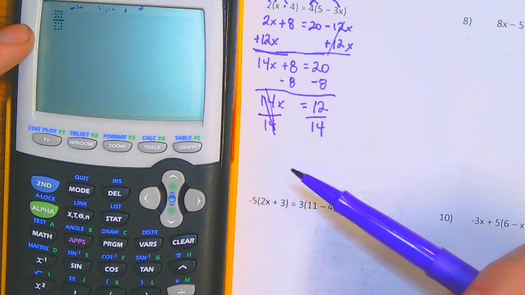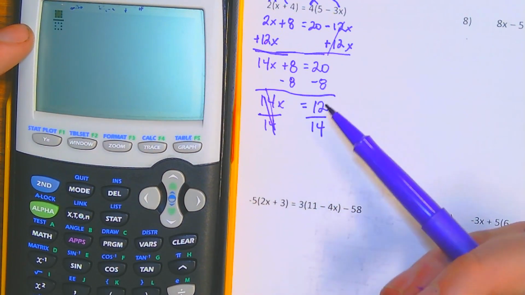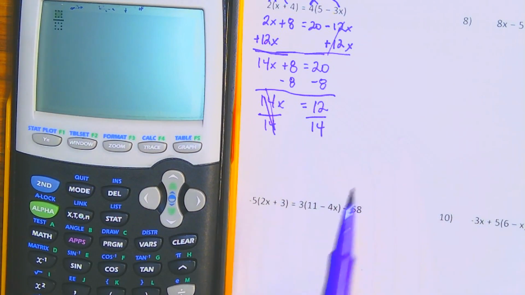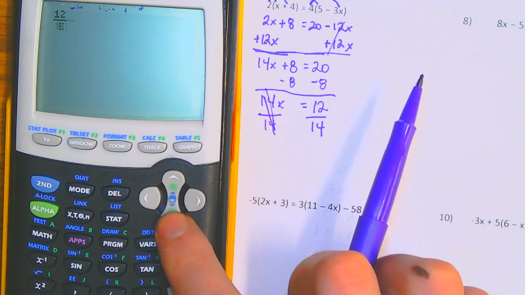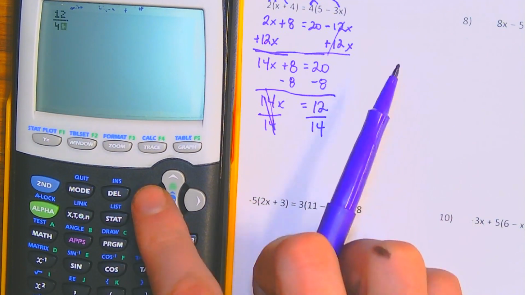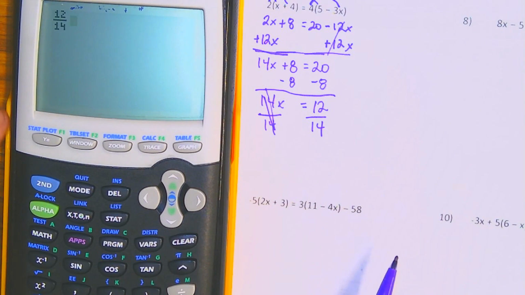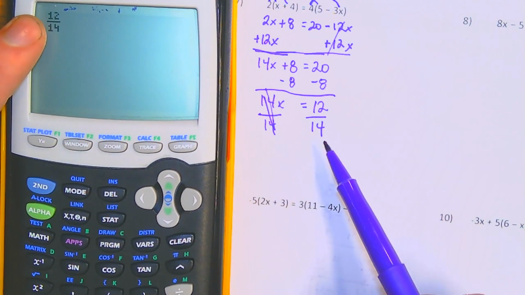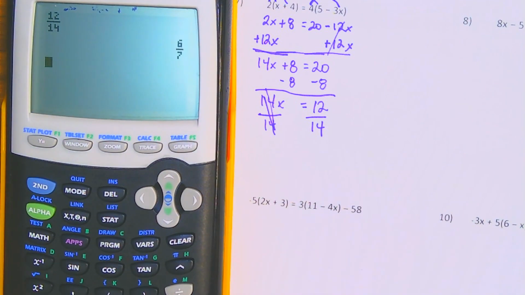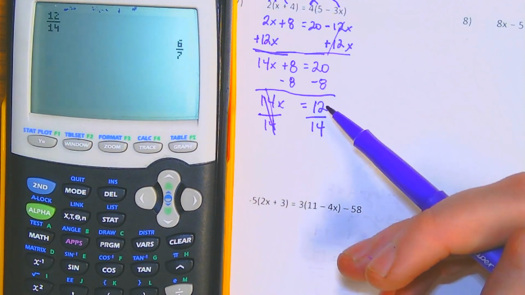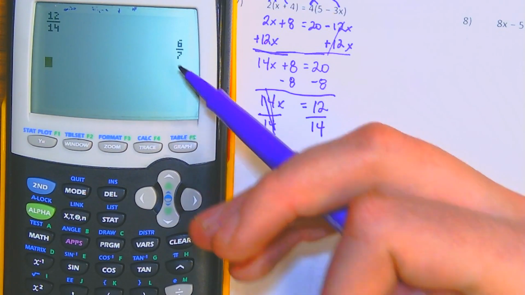Now, you can see it looks very similar to how 12 over 14 is laid out. It has a box over a box. So all I want you to do is type in 12 over 14, arrow over, and now I have a fraction that looks very similar to this one. Press enter, and you can see that my fraction has been reduced from 12 over 14 to 6 over 7.